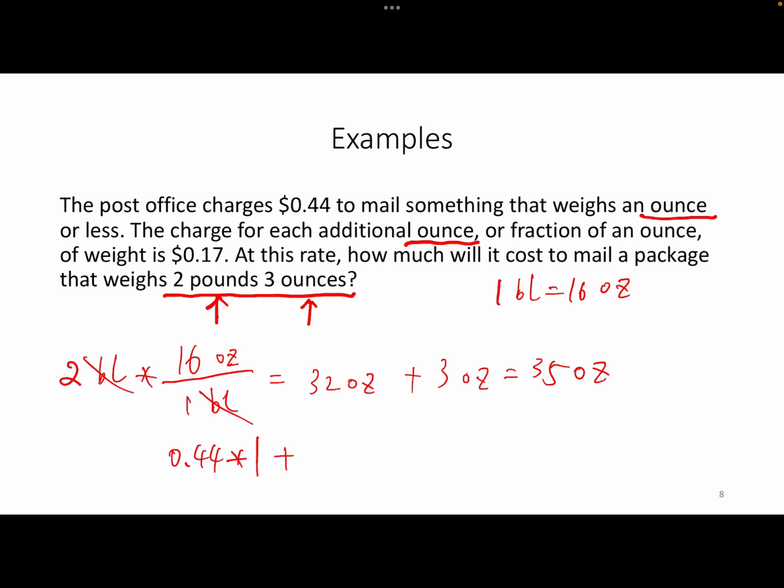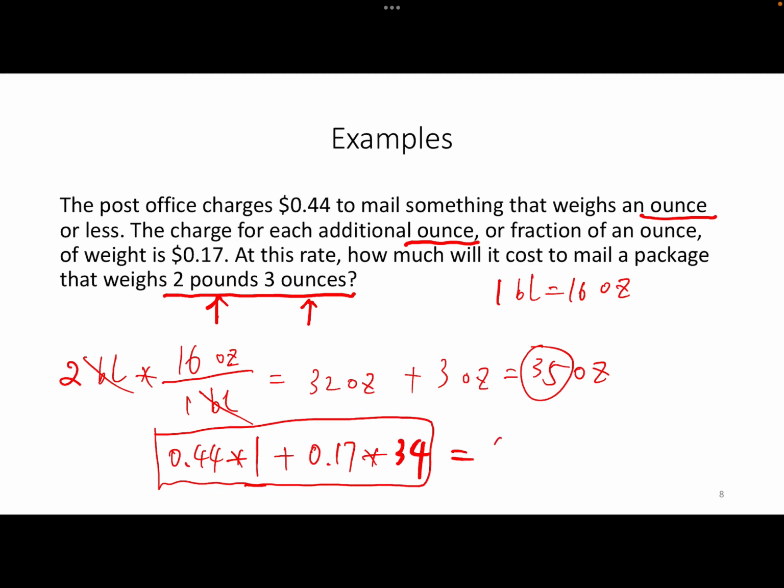And any additional ounces are charged 17 cents. The total is 35 ounces. The first ounce is already 44 cents, so the remaining is only 34 ounces, right? So put this expression into your calculator, and you will get $6.22. So mailing a 2 pound 3 ounce package will cost $6.22.